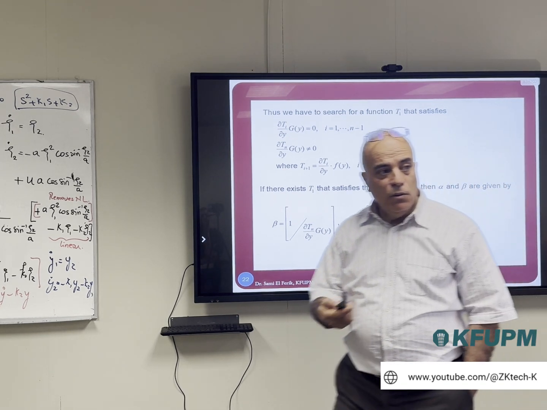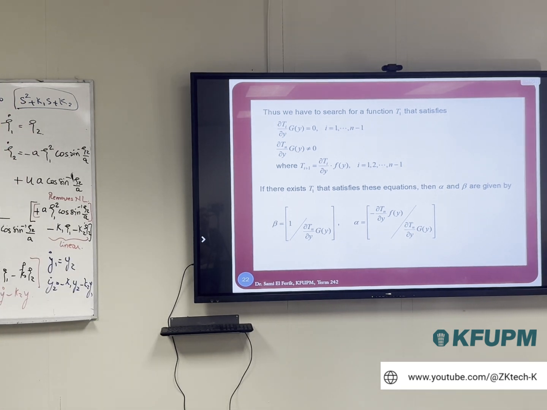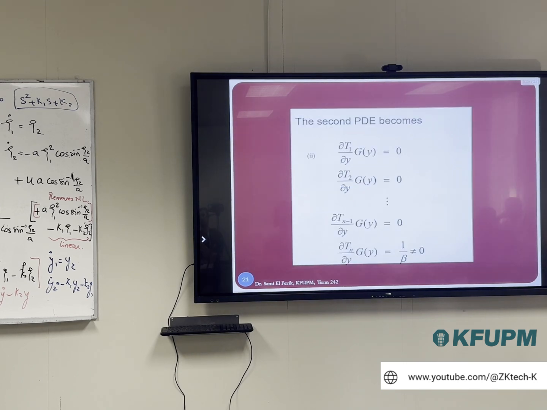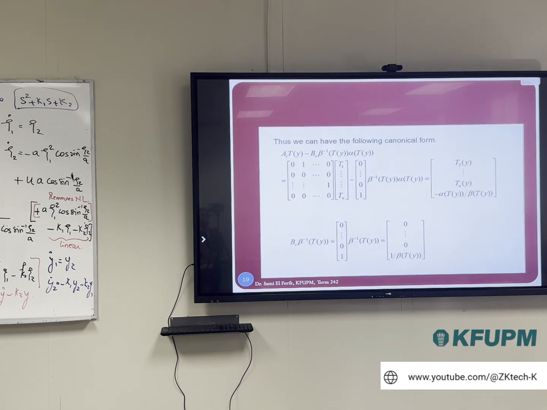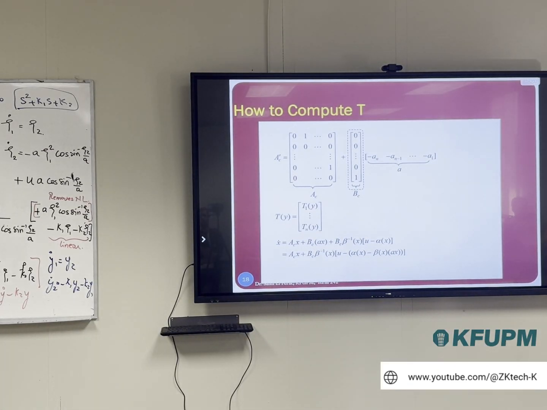So again, as I told you before, feedback linearization is just a tool. We look at the feedback linearization. Can we apply it? If we can, we could. There are some advantages, as I told you. It can make the exact linearization of the system, so we don't need approximation.